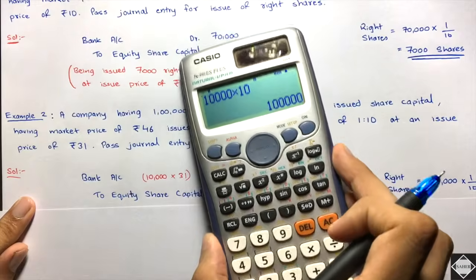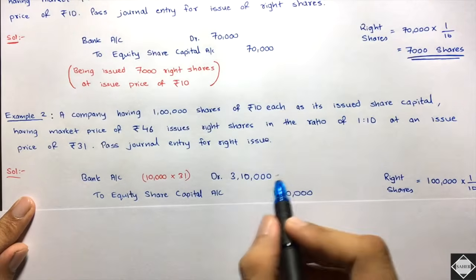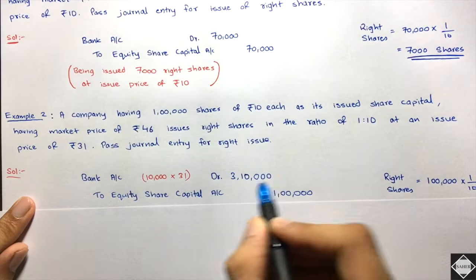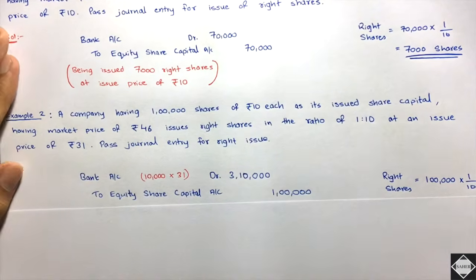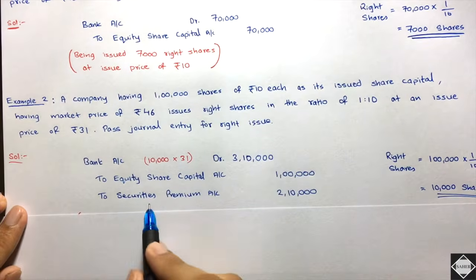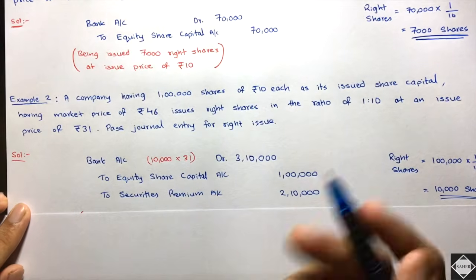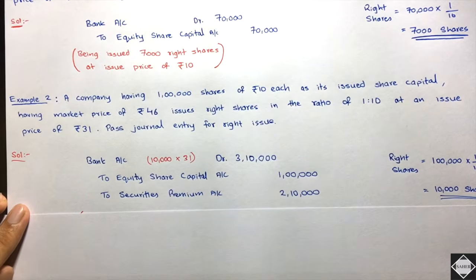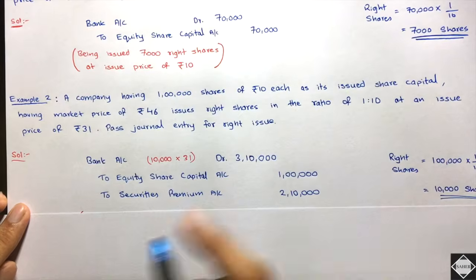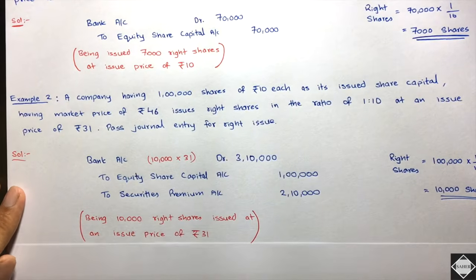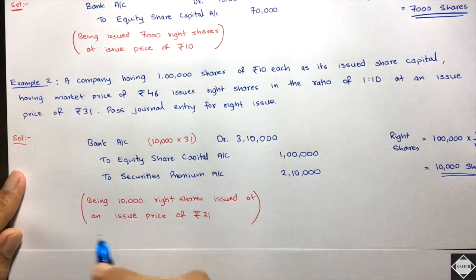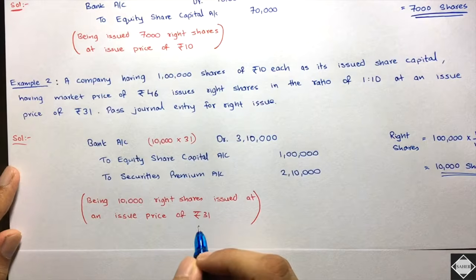But the remaining money out of 3,10,000, where does it have to go? That's the extra premium money now. So that has to go to securities premium account, which is also an equity account, a reserve. That is why it has to be credited, because it's increasing. Money is going to securities premium account, 2,10,000. Now this is a basic fresh issue entry. Being 10,000 right shares issued at an issue price of rupees 31.